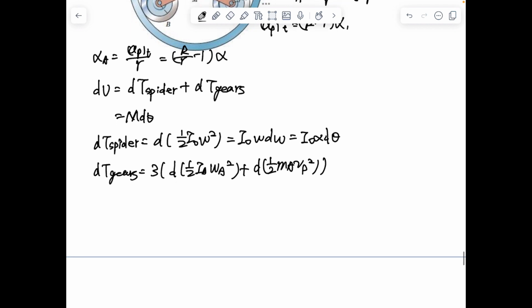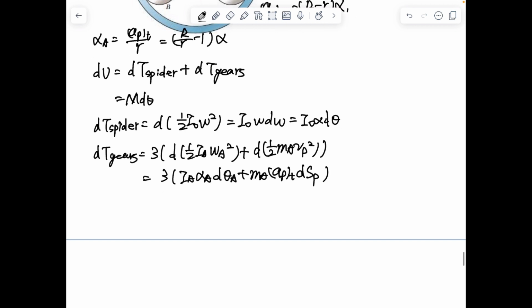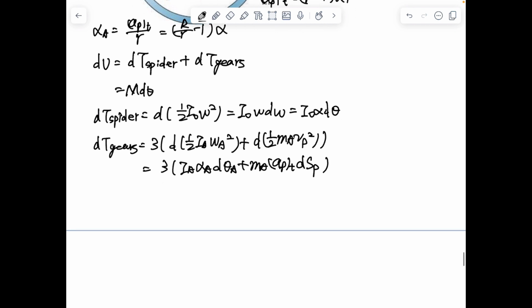This is equal to 3 Ia alpha A d theta A plus ma ap t times dsp. This is equal to 3 (R minus r) squared times (Ia over r squared plus ma) alpha d theta.